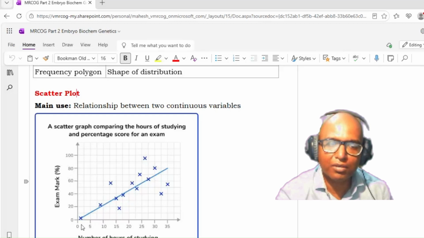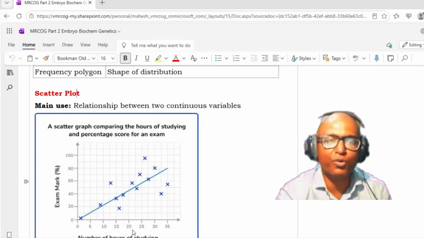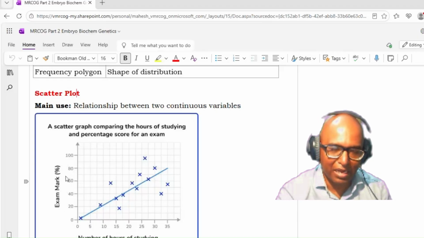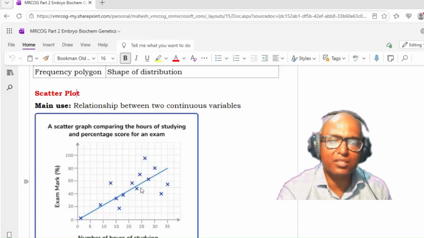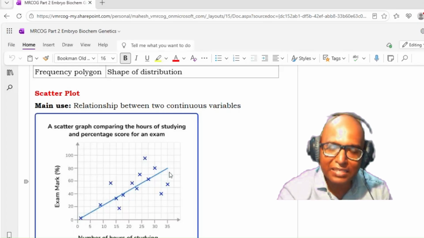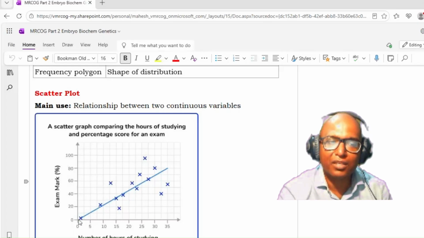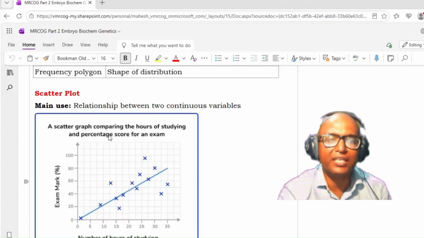So 5 hours of study, 10 hours of study, 15 hours of study, and so on, and the exam marks. Every individual puts an observation, a cross, and then where the maximum observations lie, you will draw a line. So this is a scatter graph comparing the hours of studying and the percentage score for examination.